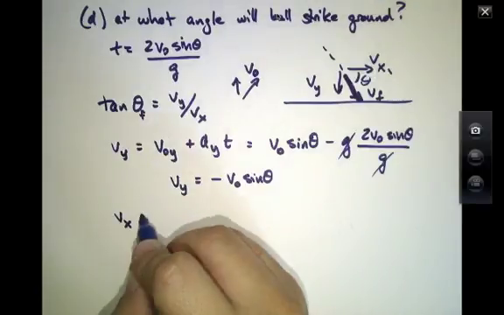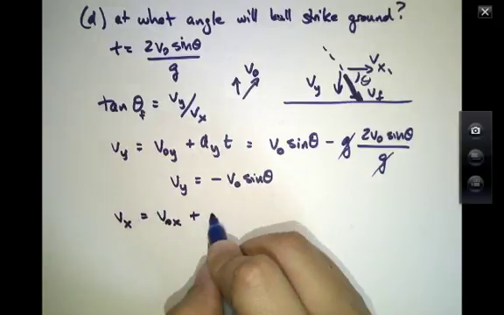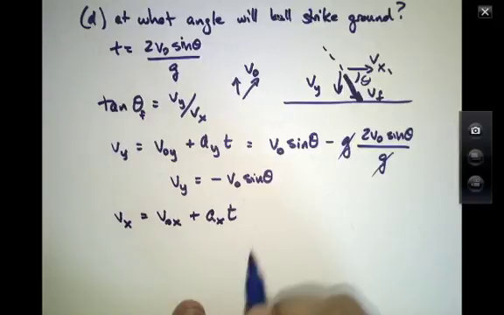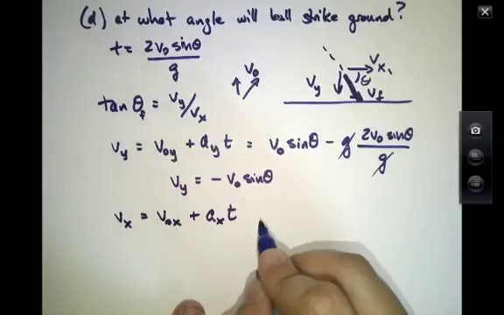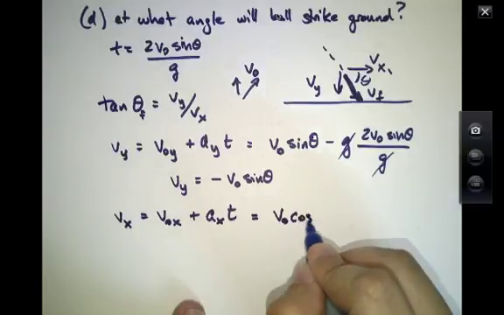Vx at the end of its trajectory is V naught x plus ax times time, while V naught in the x direction was V naught cosine theta.